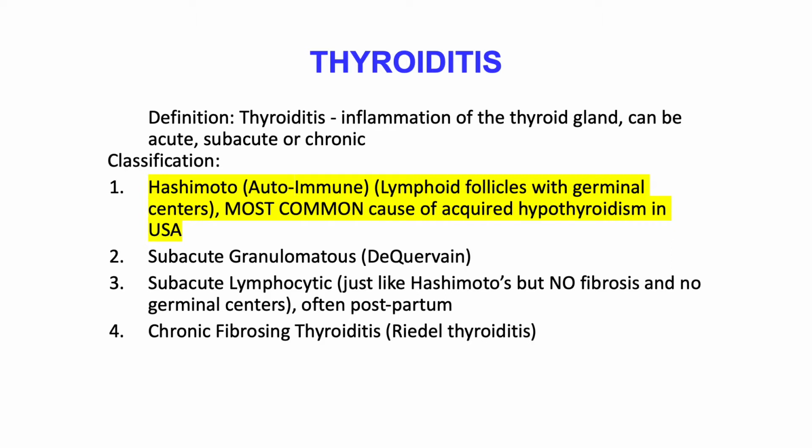The second category includes subacute thyroiditis, also known as granulomatous and de Quervain thyroiditis as well. The third one is subacute lymphocytic thyroiditis. And the fourth one, which is a bit uncommon, is the chronic fibrosing thyroiditis, that is known as Riedel's thyroiditis.